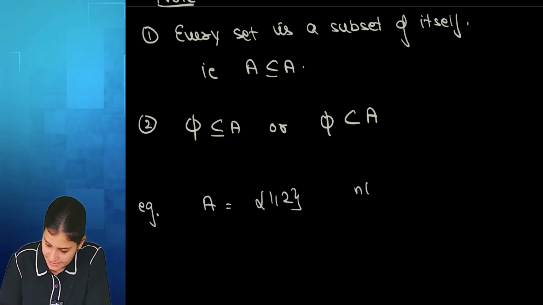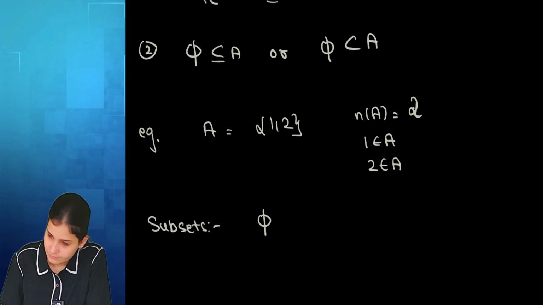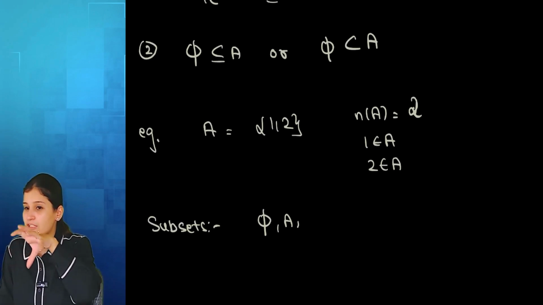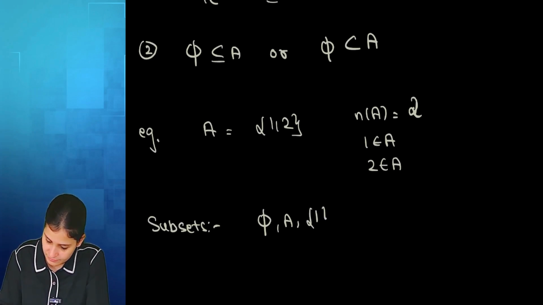What is the cardinality of A? 2. What are the elements? 1 belongs to A, 2 belongs to A. When I write the subsets, the null set will come, set A will come. What I want to take are bits and pieces of the set. So what can I take? I can take 1, make it a set.